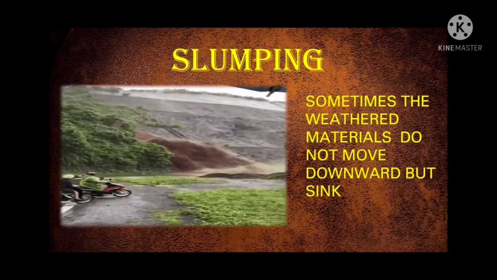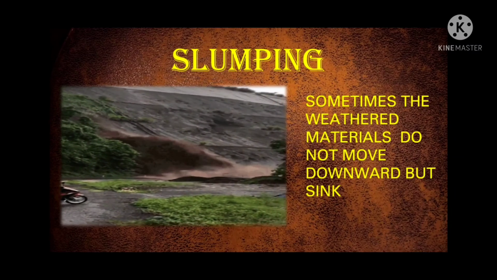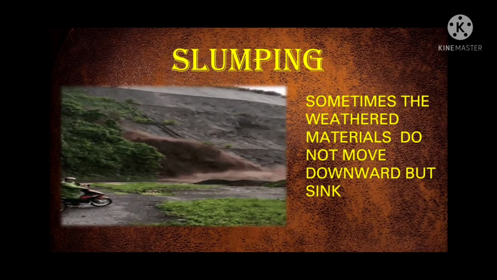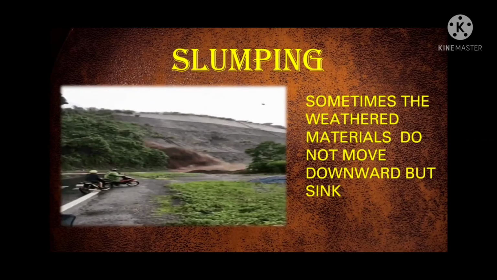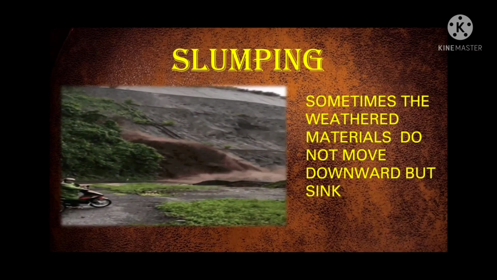This is called slumping. Now, children, I hope you have understood what slumping is. That is, sometimes weathered materials do not move downwards. As they become heavy, they sink. This is called slumping.